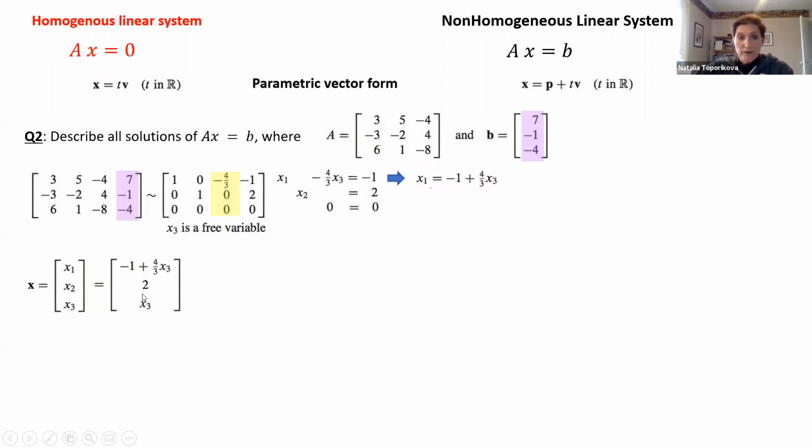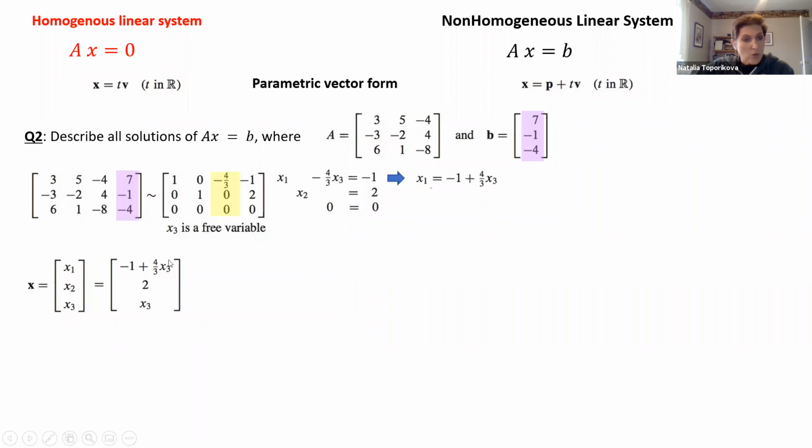x3 is our free variable, so we just write it down as x3. The value of x2 is equal to 2, and x1 can be expressed in terms of the variable x3. And in part 1, we had a little bit simpler case because we could easily factor out x3 and write it down as a linear combination.